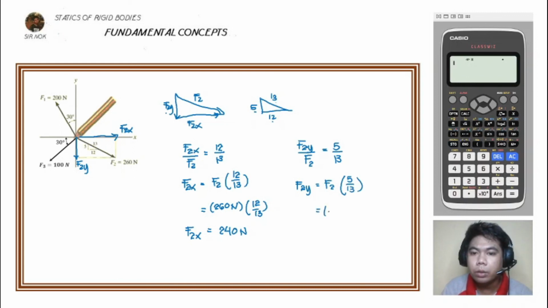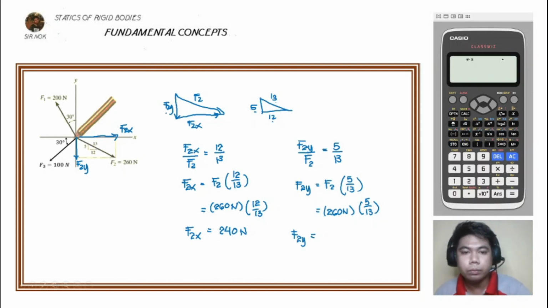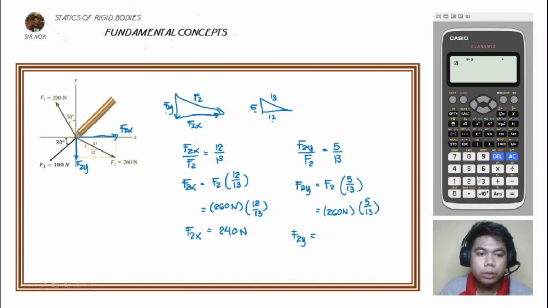So F2, 260 Newton times 5 over 13, that is equal to 100 newtons.